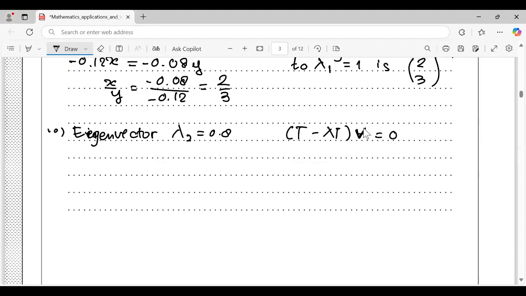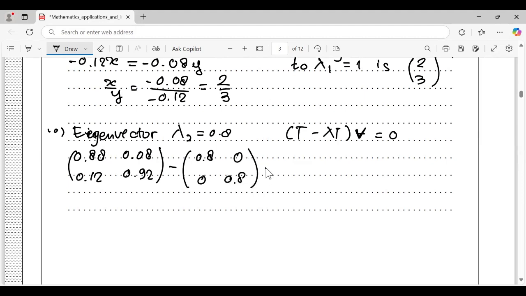Phi is the column matrix x and y. So this matrix T is 0.88, 0.12, 0.08, 0.92, minus lambda, which is 0.8. It means 0.8 times the identity matrix becomes 0.8, 0, 0, and 0.8 here.